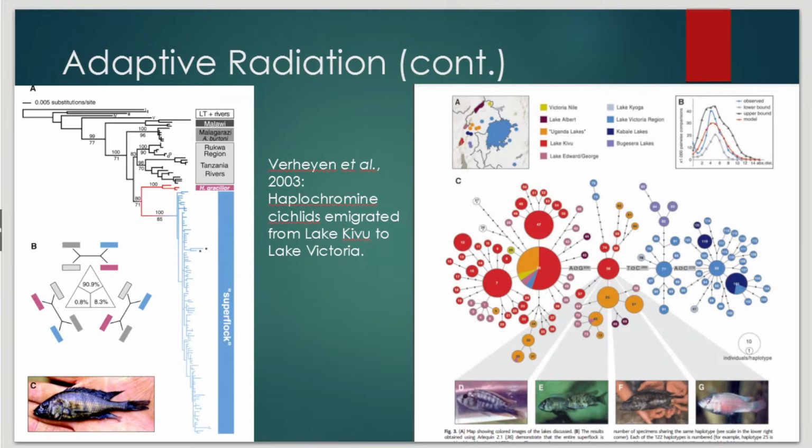The other picture is those are alleles, not species, and so you have this sort of phylogeographic distribution of these alleles. So it's like which alleles end up in which lakes, and how are these alleles related to each other. Basically for each of those little dots, that's a different mutation between the different alleles.